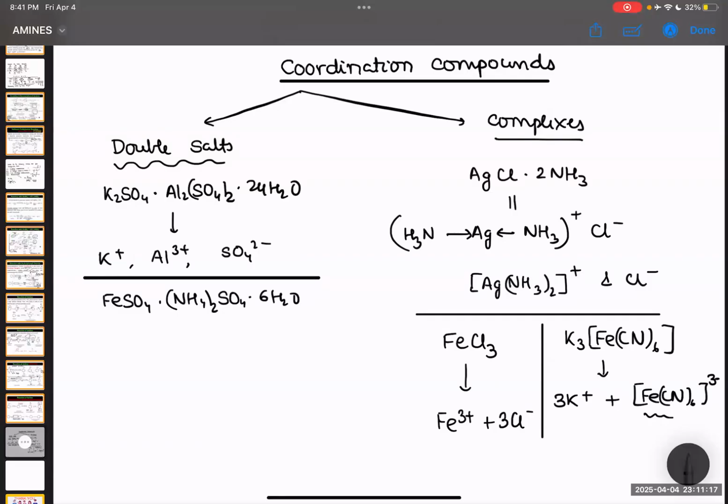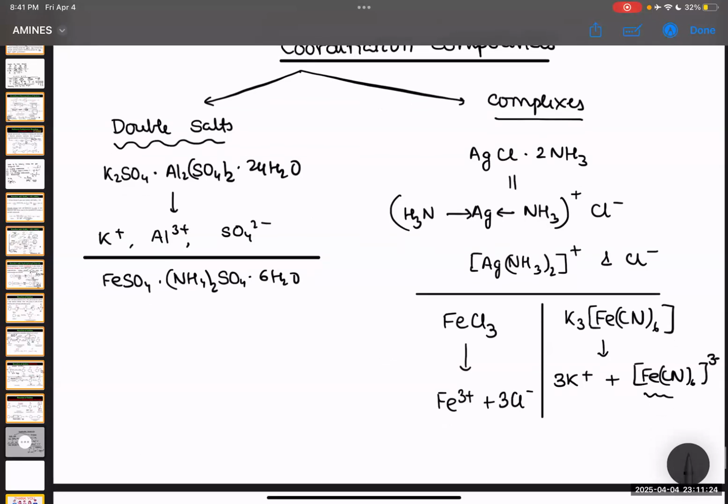Okay. So then you have the nomenclature. In nomenclature, you have types of ligands, types of complexes, nomenclature. Okay, the basic introductory part of the coordination compounds. And in this, first of all, types of complexes: you have homoleptic and heteroleptic. What do you mean by homoleptic and heteroleptic complex?